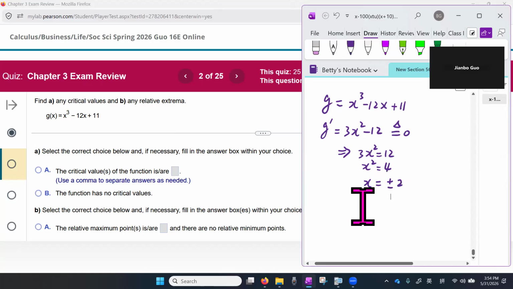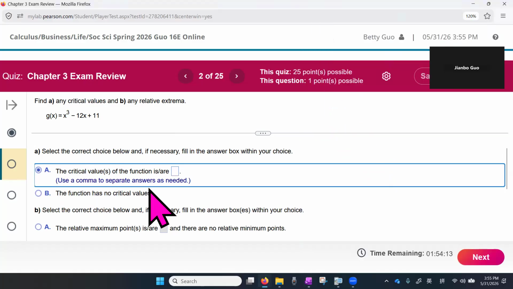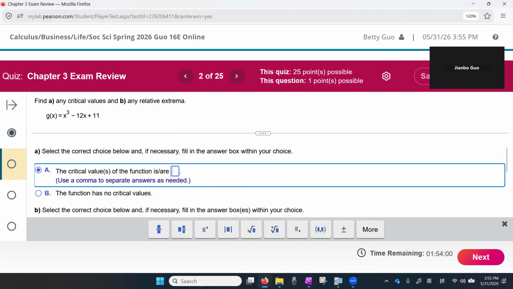The function has a horizontal tangent line there. So we should choose this one. The critical values of the function are, use a comma to separate answers as needed. So we're gonna put in -2, comma, +2.